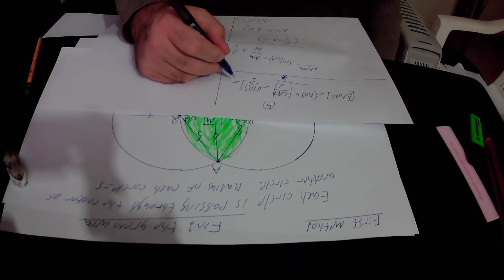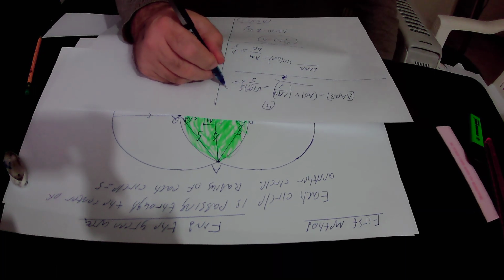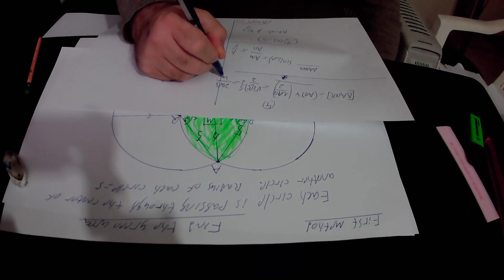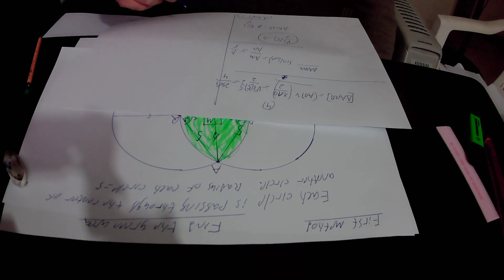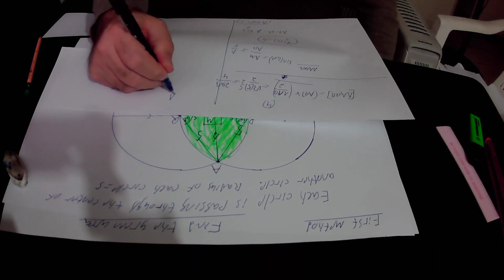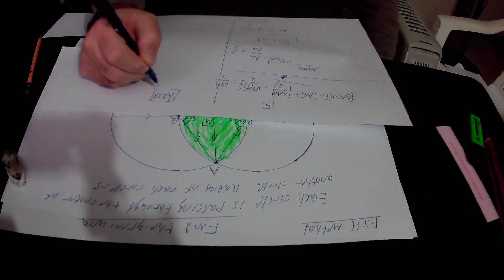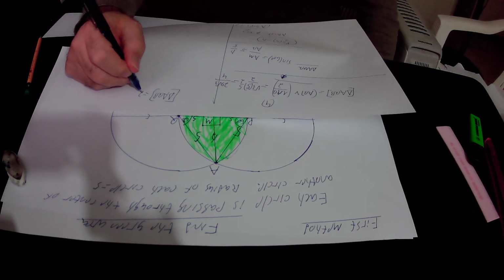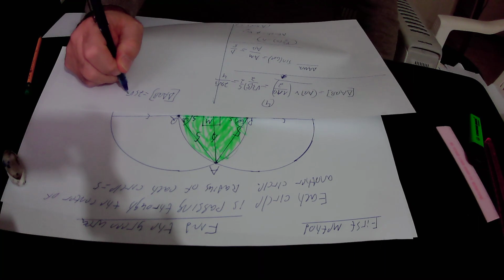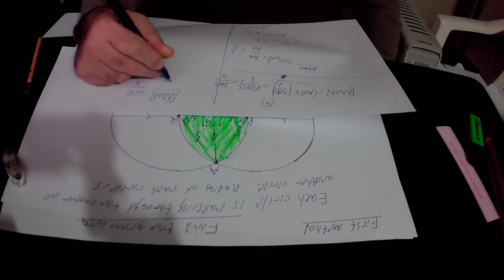That is to say, 5 times 5 is 25 times square root of 3 over 4. So we found out that the area of triangle AQB equals 25 times square root of 3 over 4 square units.